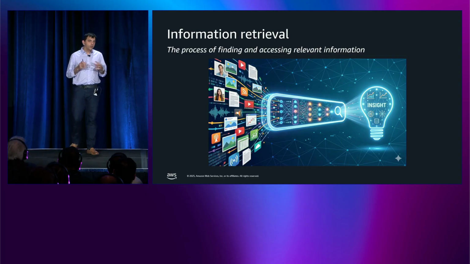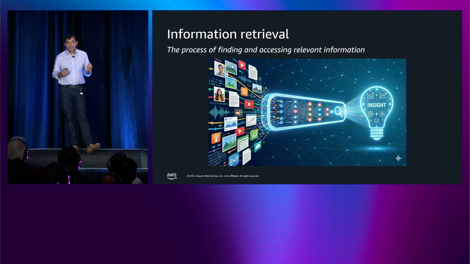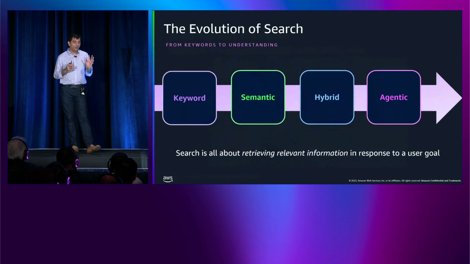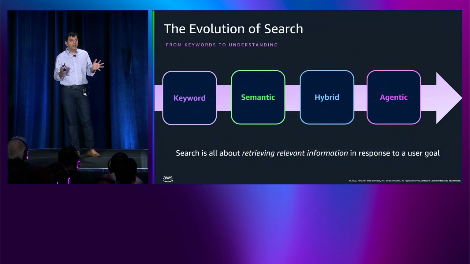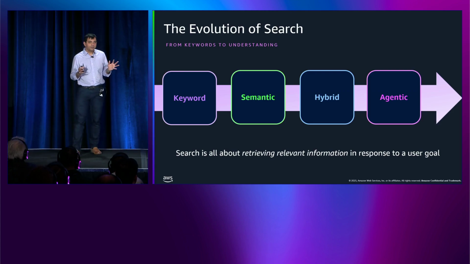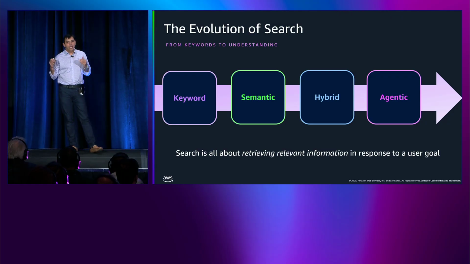And to do that, there are several techniques, right? If you looked at about 20 years back, keyword search was a big thing, and typing in the keywords and finding relevant information was really useful. And then as machine learning models came along, you're able to do semantic search, and with that, you're able to find not only the exact keywords, but similar sentences that had semantically similar meaning.